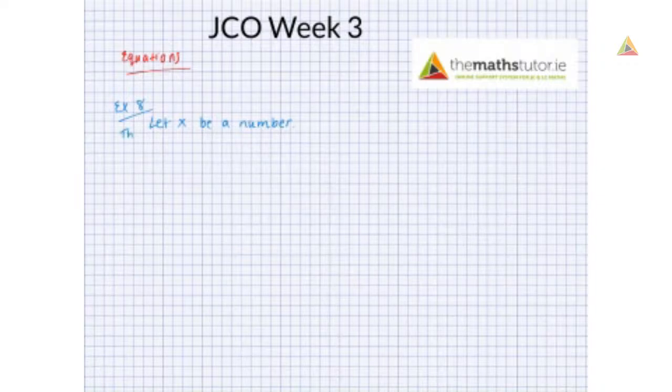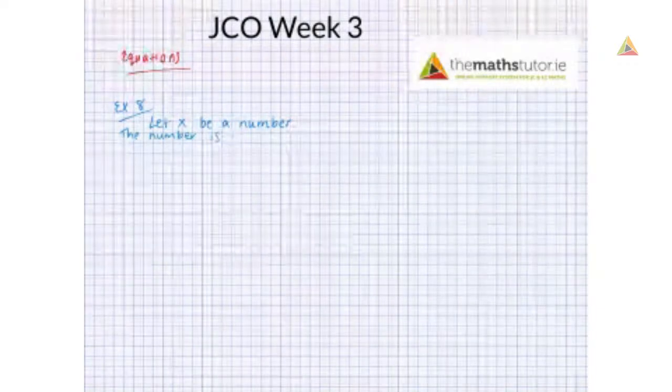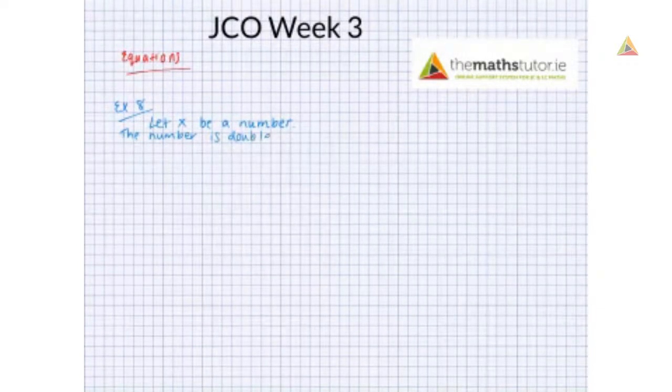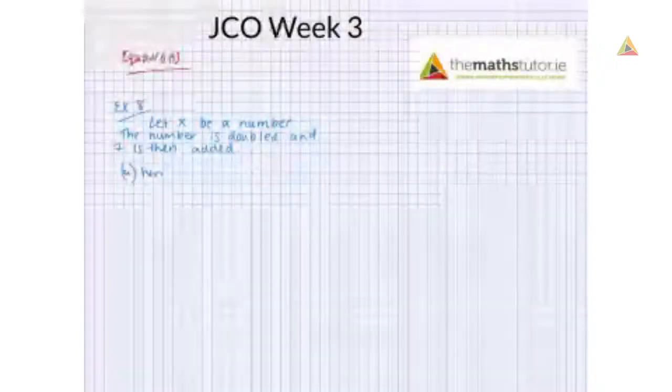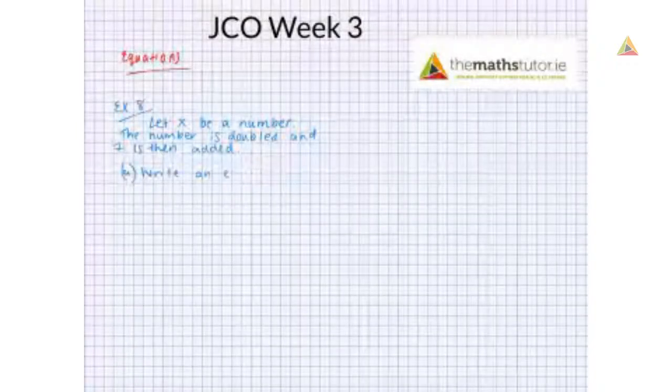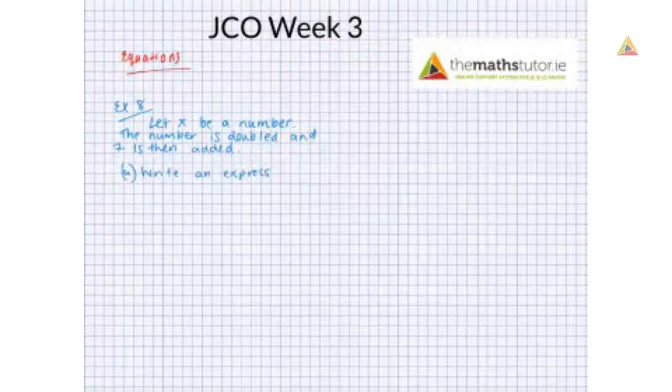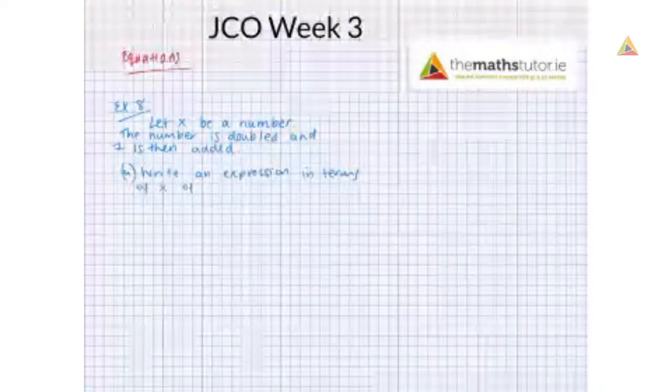The number is doubled. And 7 is then added. Okay, so what you need to do for this is to write an expression in terms of x of the resulting number.